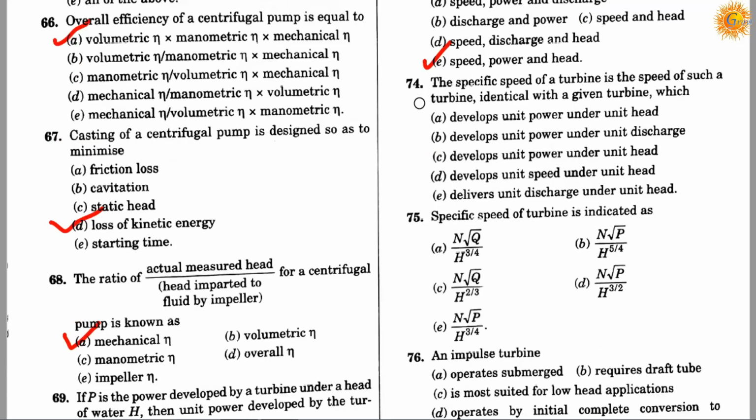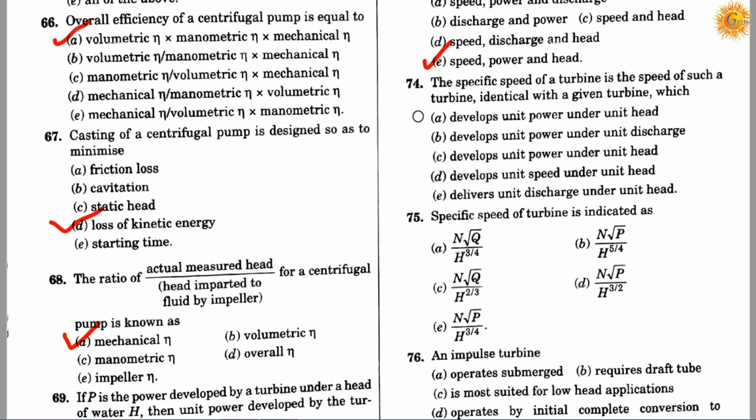Question number 74. The specific speed of a turbine is the speed of such a turbine identical with a given turbine, which means: option A, develops unit power under unit head; option B, develops unit power under unit discharge; option C, develops unit power under unit head; option D, develops unit speed under unit head; and option E, delivers unit discharge under unit head.